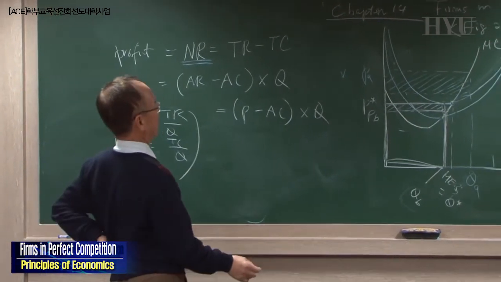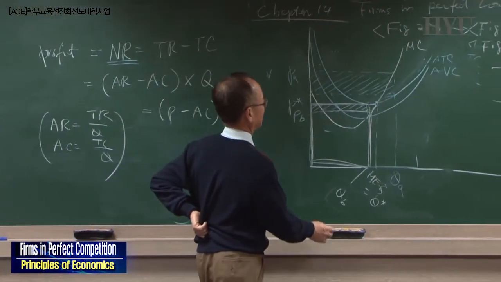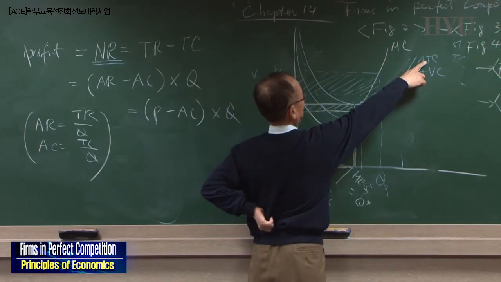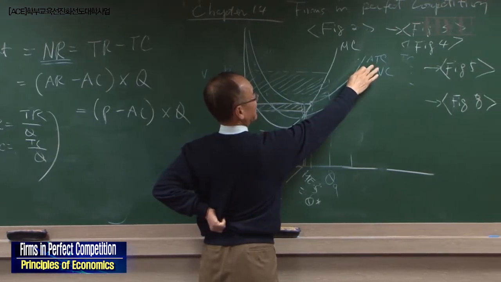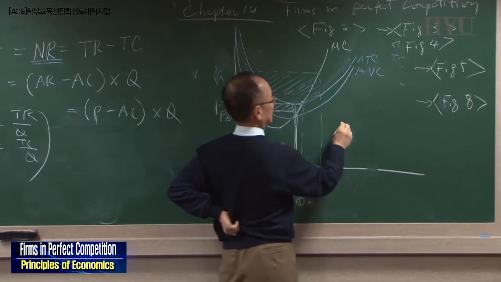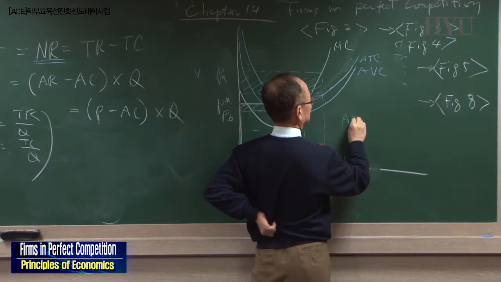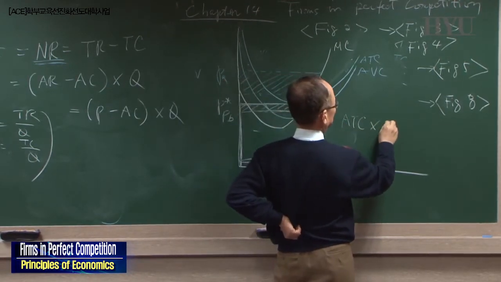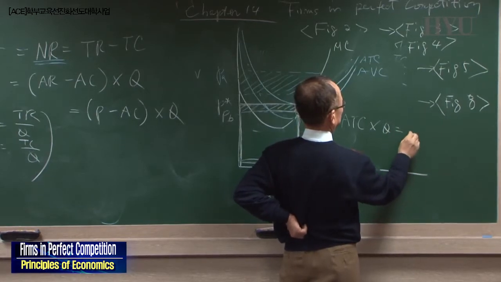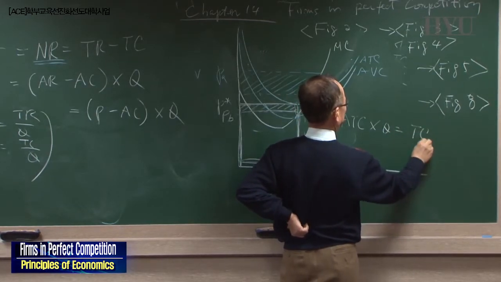We do not stop operating. That is because, remember, what does this cost represent? Here represents the average total cost, right? So average total cost multiplied by Q is, of course, total cost, right?